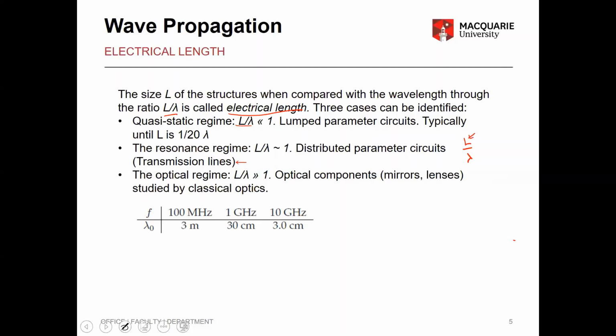So for example, in your circuit, if you have an IC, that's the length of the maximum dimension of that IC. Lambda, as you know, is the wavelength. Now it could be the wavelength in free space, it could be the wavelength in the guided media. Now if this IC is on a PCB, we have to look at the lambda guided.